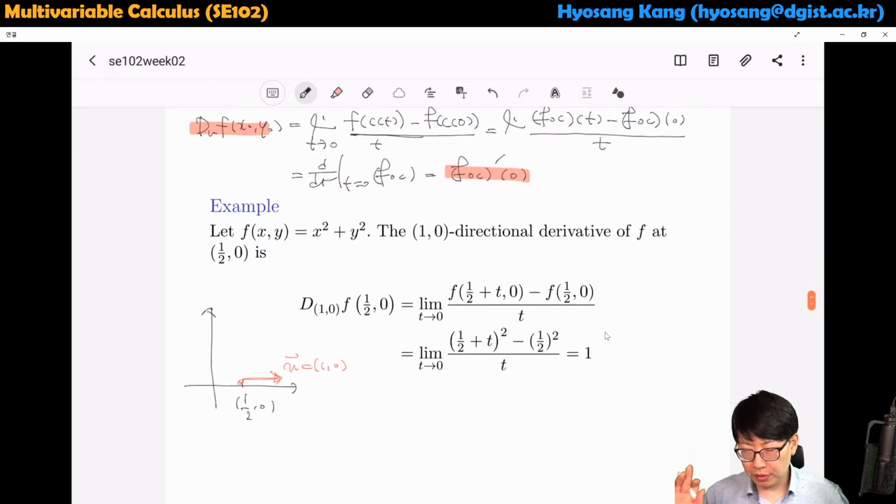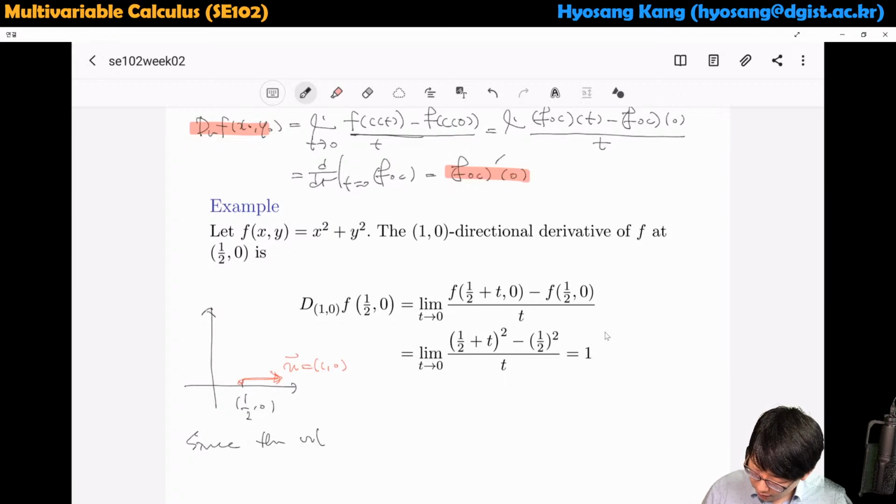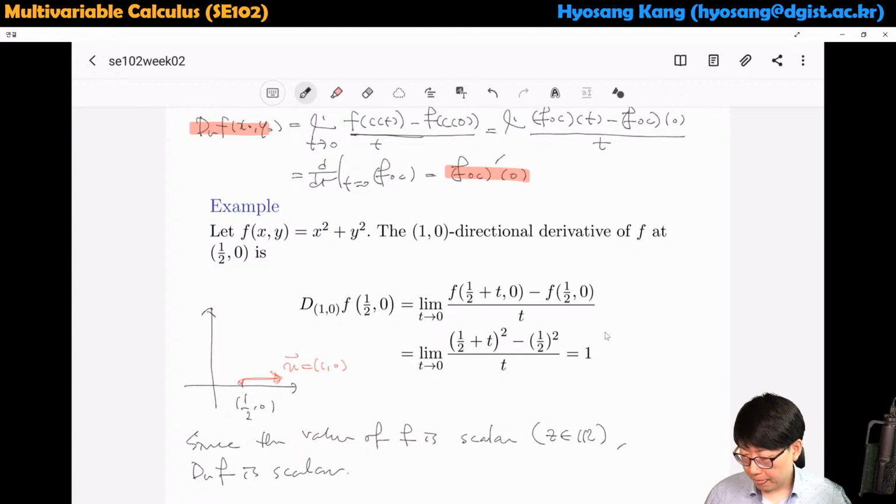In general it's actually a vector, but because the value of f is a scalar, because we put z as a real number, the directional derivative is a scalar.